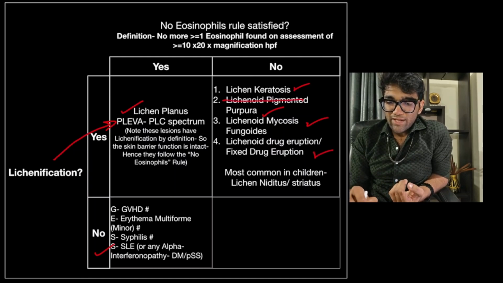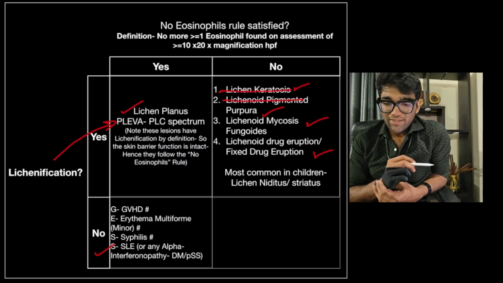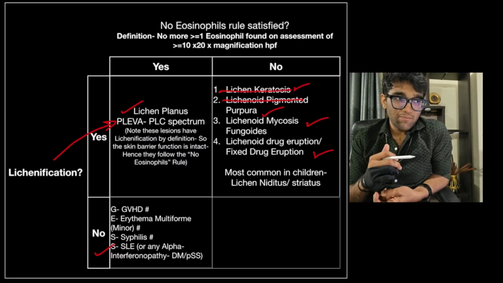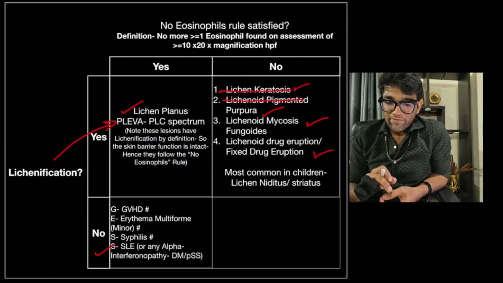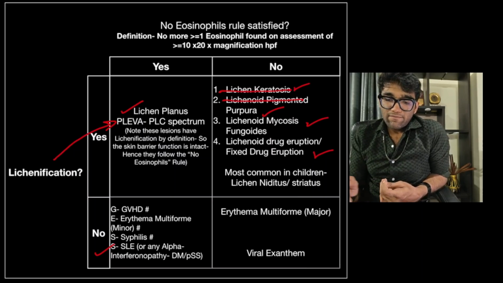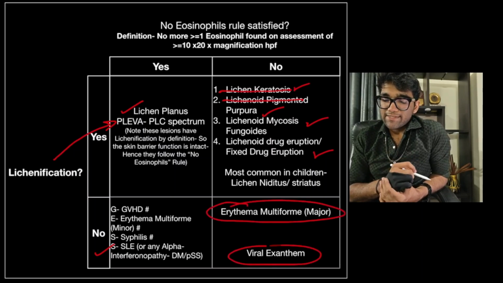Now lichenoid keratosis we will not be discussing because I am a dermatologist and it is not particularly relevant to us in internal medicine. However, we will be discussing the other disorders in this list. And finally we have erythema multiforme and your viral exanthem.